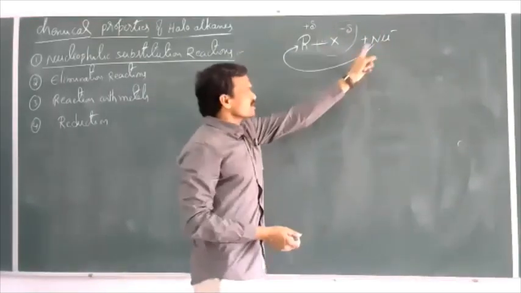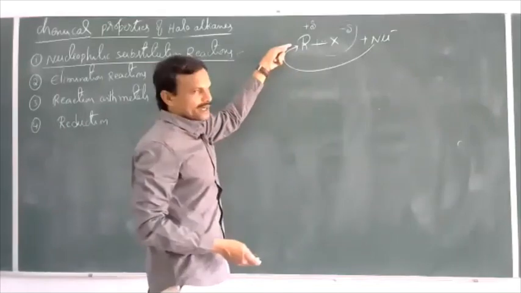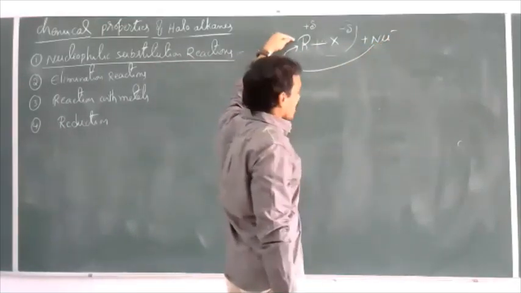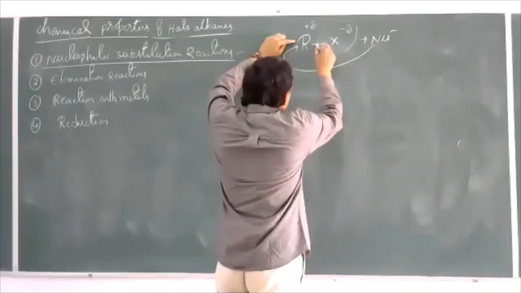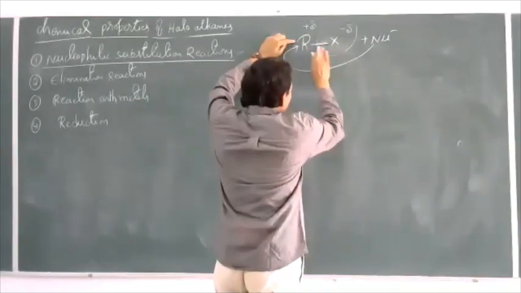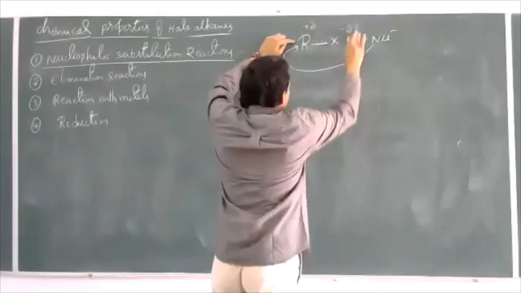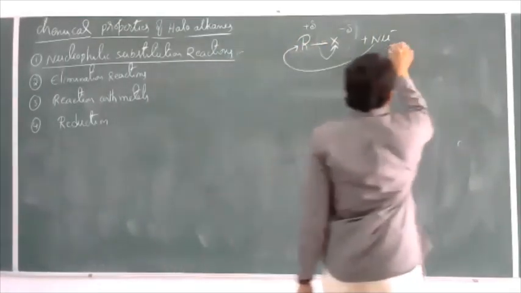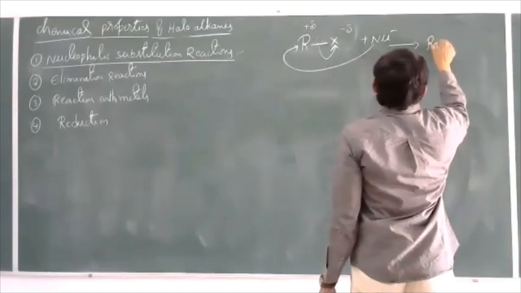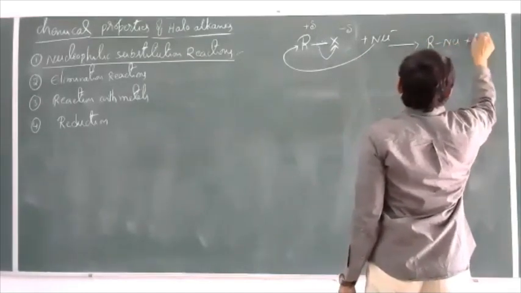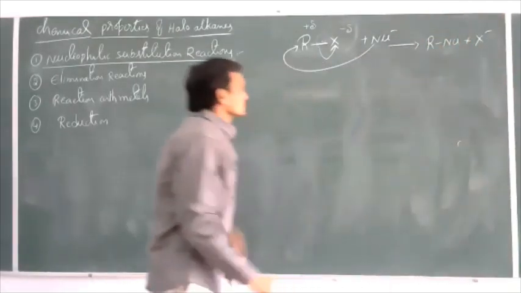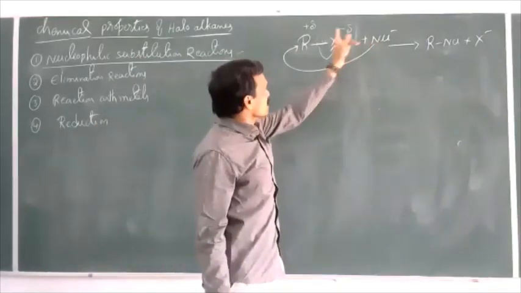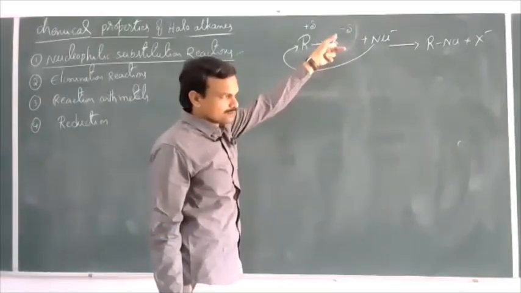So the nucleophile attacks from the rear side and donates electrons to the alkyl carbon, and the R-X bond electrons are gained by X. Then this splits into R-Nu plus X minus. Simply, Nu minus replaces X minus.